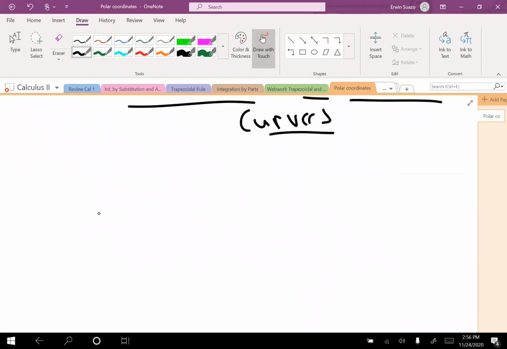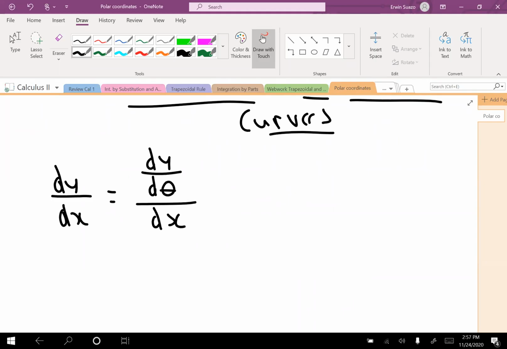So we said dy/dx is dy/dt over dx/dt, right? But in this case, we just call it theta. So dy/d theta over dx/d theta. That was the general form. Instead of theta, we write t in the general case. Theta we use specifically for polar coordinates.